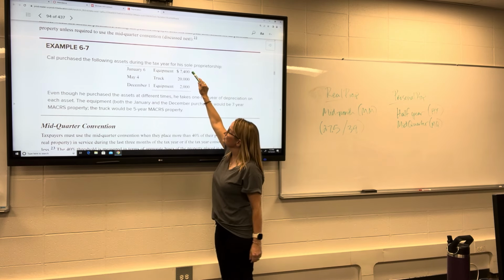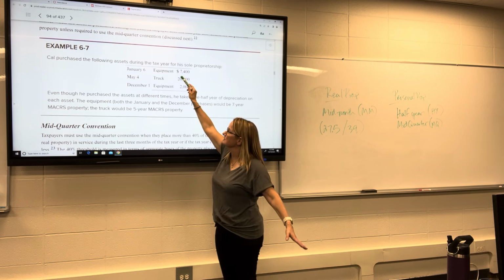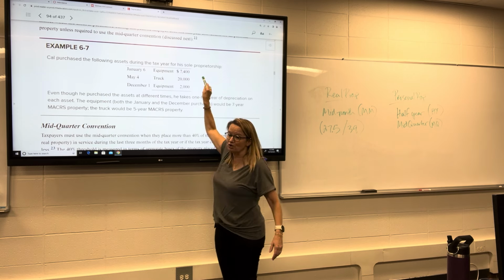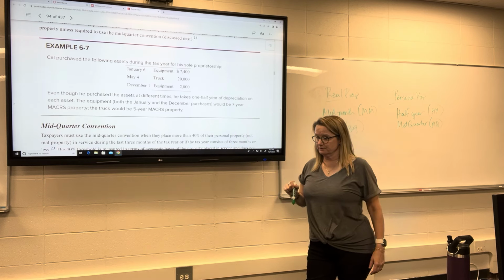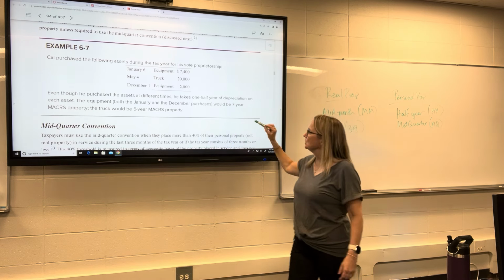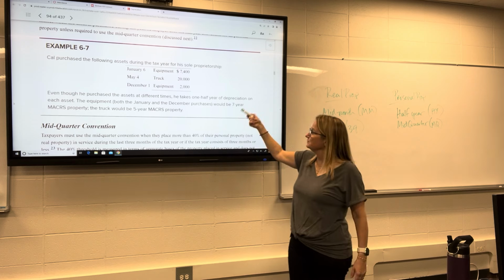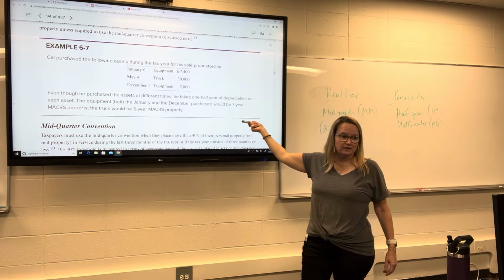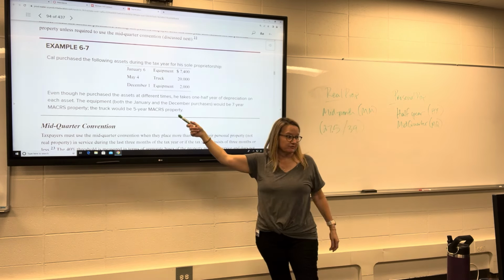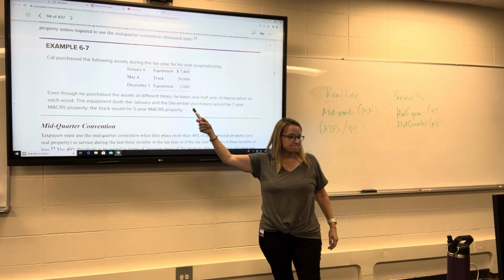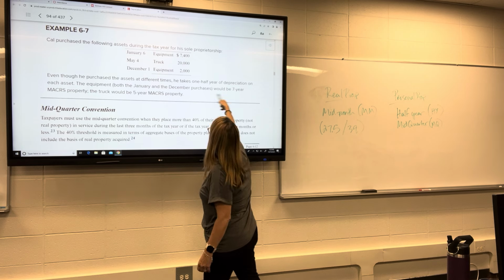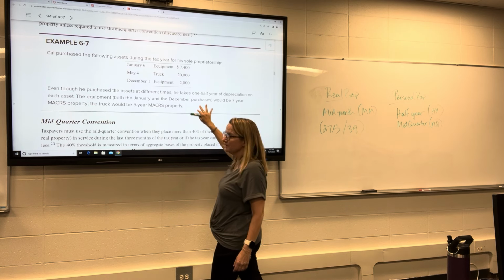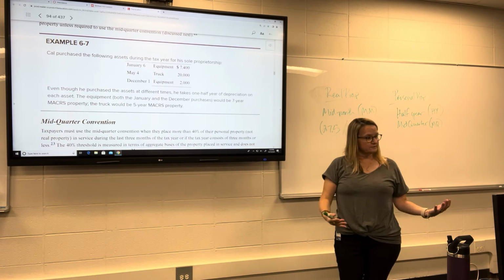So he purchased it throughout the year, 3 different dates, but he's going to start depreciating all of those items as of July 1st. All of them. So both pieces of equipment will start July 1st. The truck will start July 1st. Okay? So that's our default.